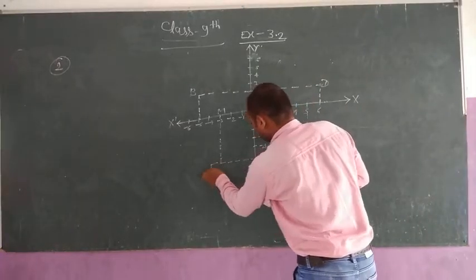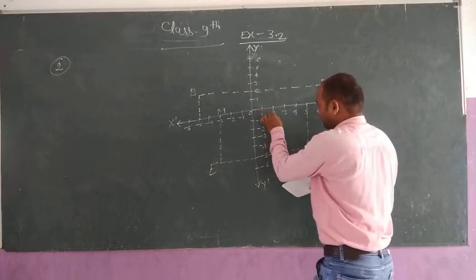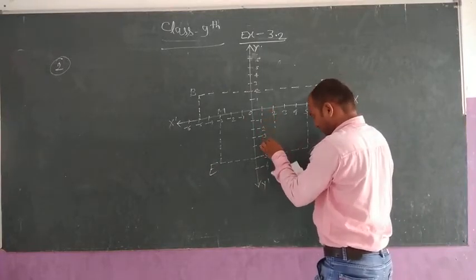And this is point E, and this is point C, and 2 and minus 4.